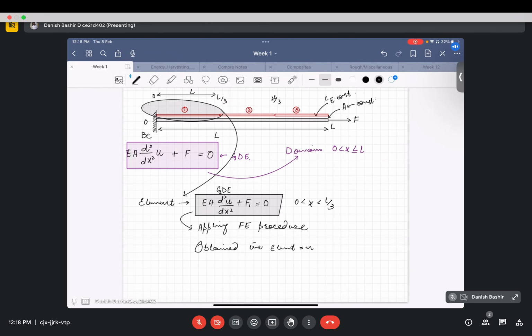I obtained the element equation. We will see in the subsequent lectures what exactly this element equation is. For the time being, I will write it like this.